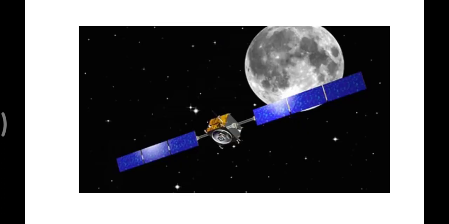Okay, see here is a picture of Chandrayaan. Chandrayaan is a spacecraft which is sent to the moon. Okay, this spacecraft is revolving around the moon and sending the information of the moon on the earth. We have got a lot of information because of this spacecraft Chandrayaan 1.